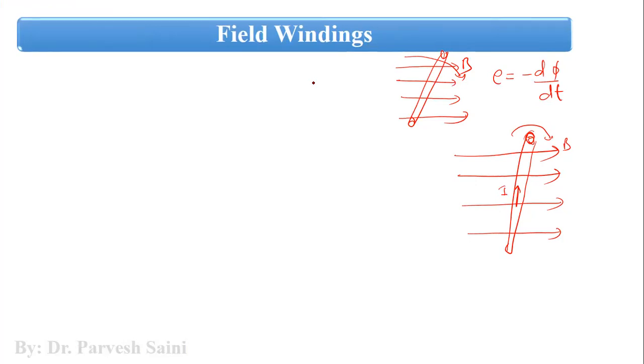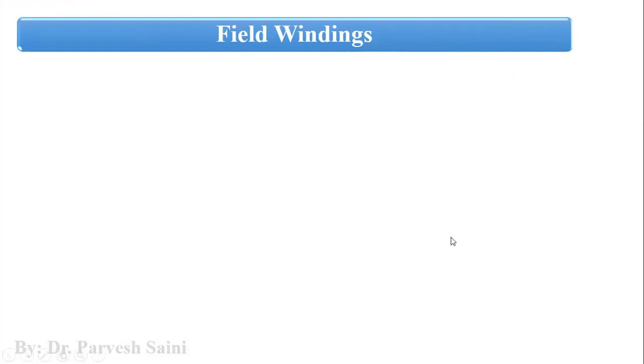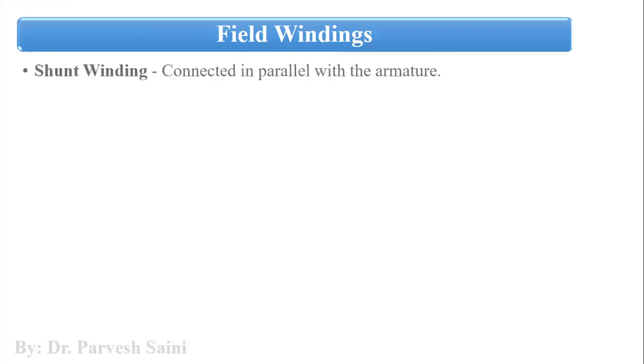In case of generator, we get the current. In case of motor, we provide current to the conductor. Okay. So in this, the field system, the field winding plays a very important role to get Faraday's law of electromagnetic induction implemented, right? So we have shunt winding, as already discussed.